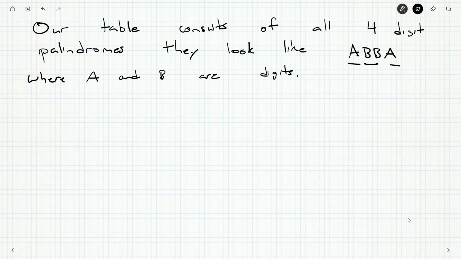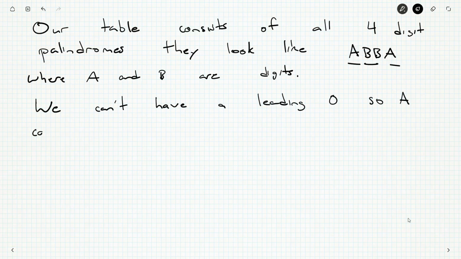How many choices do we have for A? How many choices do we have for B? Are the choices for B dependent on the choices for A? Okay. So, we can't have a leading 0.